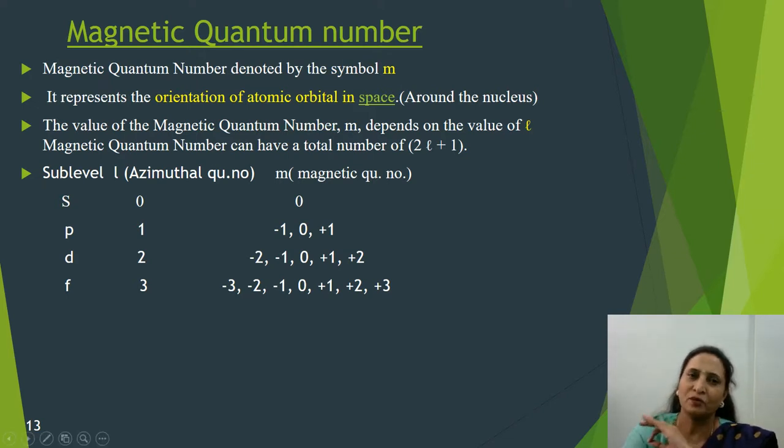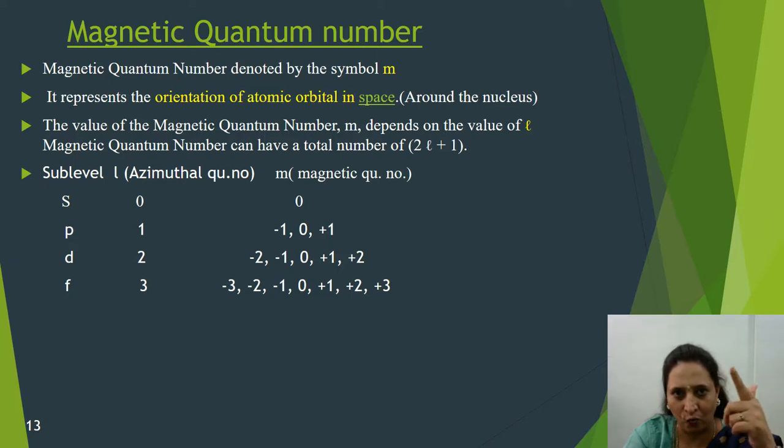Now when the subshell is a d orbital, L value is 2, that is m is equal to plus minus 2, started from minus 2, minus 1, 0, plus 1 and plus 2. So a total of 5 values are present when the subshell is a d orbital, and 5 values of magnetic quantum number.